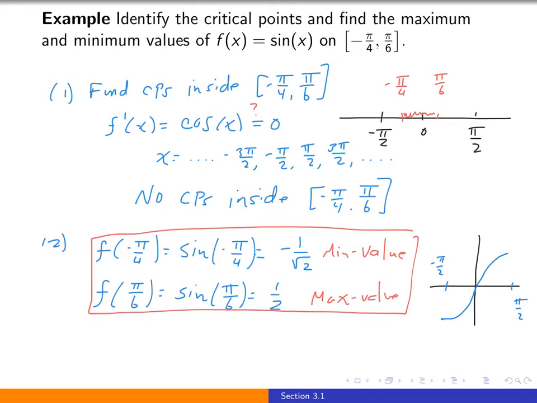Then at 0, it's 0. And then at pi over 2, it's 1. So if you look at what's happening from, say, minus pi over 4 up to pi over 6, our function is just getting bigger and bigger. So the smallest value, the minimum, occurs at the left endpoint. The biggest value, the maximum, occurs at the right endpoint.